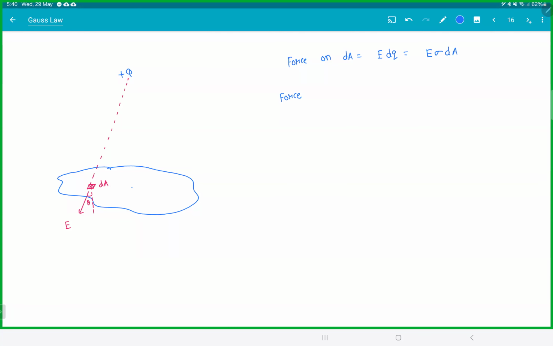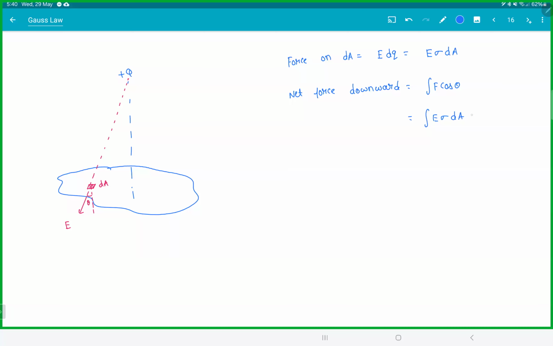From here, if you look at the forces, so if you take the F cos theta components, net force downward will be integral F cos theta, which is integral E sigma dA cos theta. So this gives you the force between the charge and the sheet in the vertical direction. Horizontal components, we have no idea. Horizontal components will be E dA sine theta, that we won't be able to calculate.